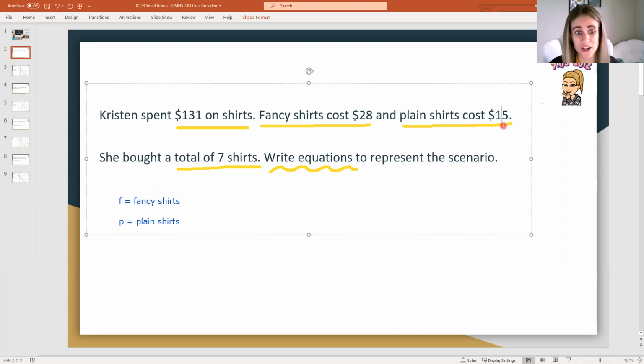So that's not my variable because that's not unknown. I know how much it costs. But what I don't know is how many of each. I know that I bought a total of 7 shirts, but I'm unsure how many of those were fancy and how many are plain. So that right there is specifically my variable.